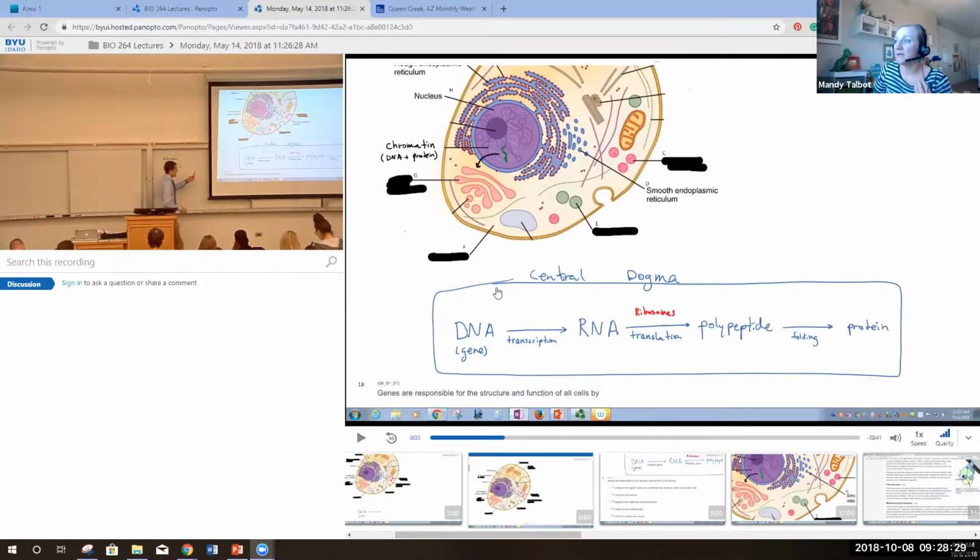Building block here, nucleotides; building block here, amino acids. We're creating proteins, going to a polypeptide, which is going to fold into secondary, tertiary, and even quaternary structures to create our proteins. Does that make sense? Yeah, it does.